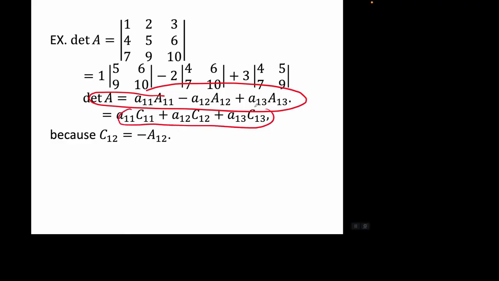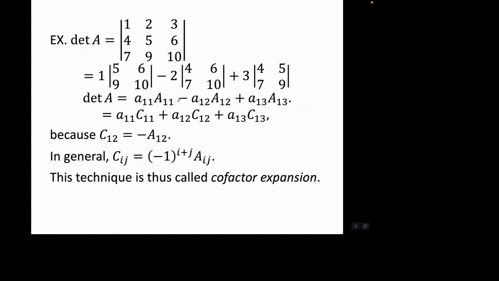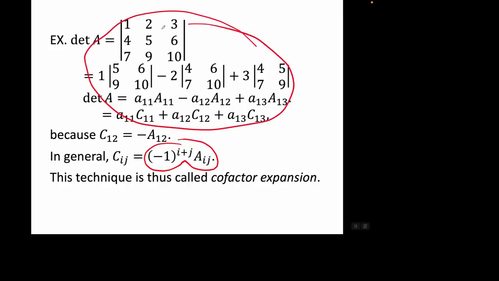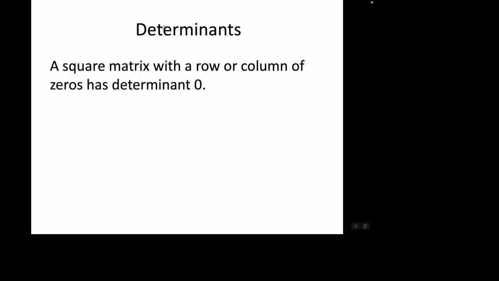We can just designate it like this, a11 C11, a12 C12, a13 C13, because the C12 is negative A12. It's got that plus minus plus already baked into it. In general, C sub ij is going to be negative 1 to the i plus j times A sub ij. And again, this technique that we're using when we evaluate matrices in this way is called cofactor expansion.